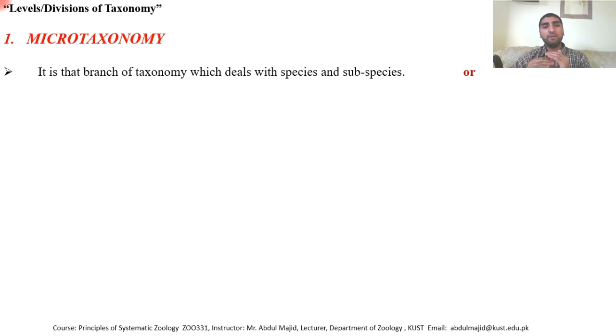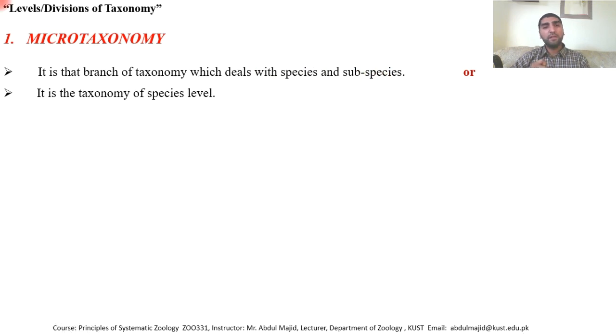That's why the study of species and subspecies is called microtaxonomy. It is that branch of taxonomy which deals with species and subspecies, or you can define it as the taxonomy of species level.